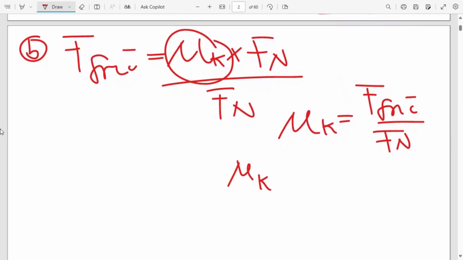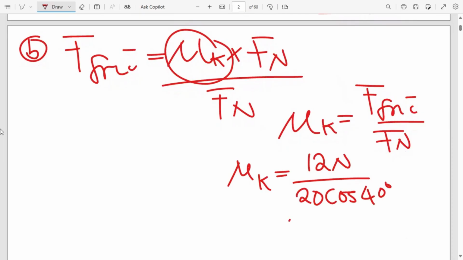So I'll say my mu k will be equal to the force of friction, which is 12 newtons, divided by the value of the normal force, which is 20 cos 40 degrees. Therefore, my mu k will be equal to, let me just punch this into my calculator, 12 divided by 15.32.